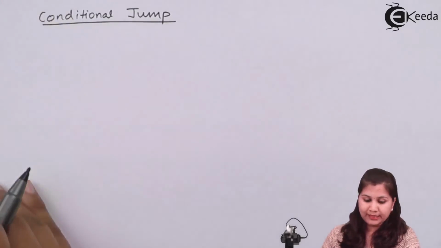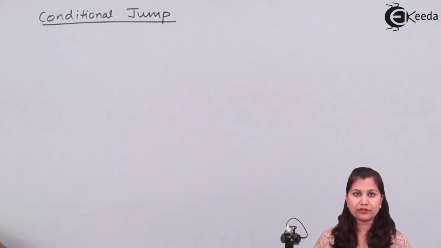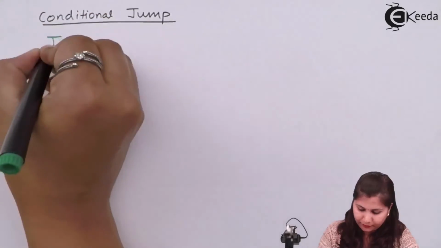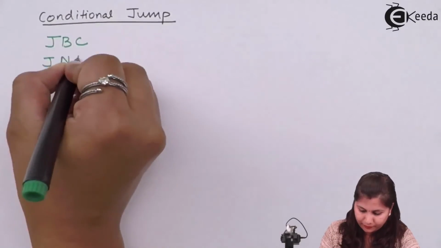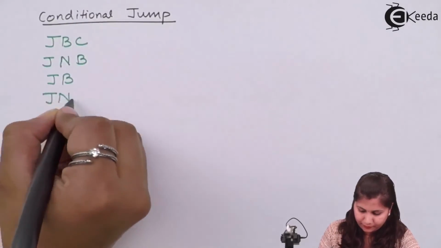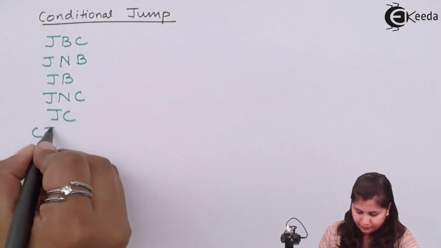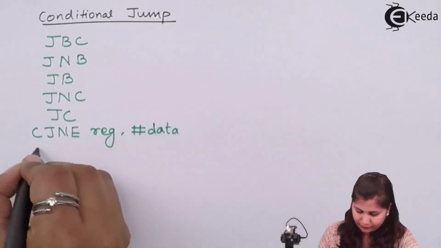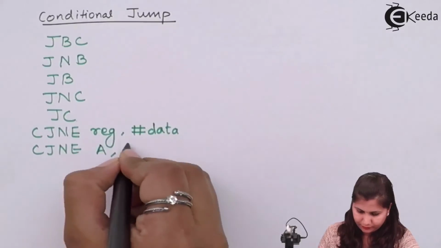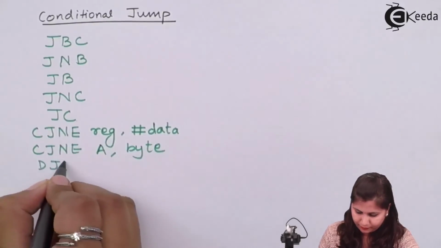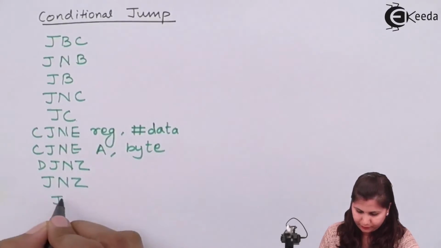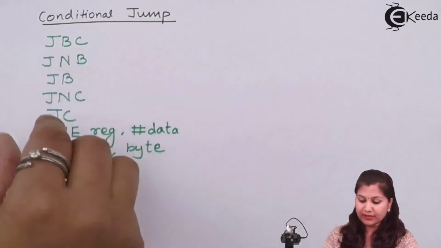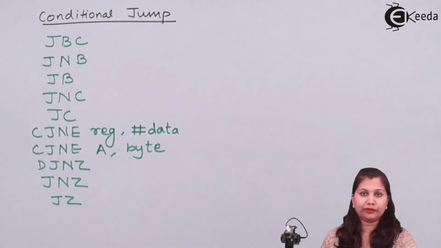So let's see what these jump instructions are. These are the conditional jump instructions, in which some condition is given, and when the condition is fulfilled, only then is jumping done.